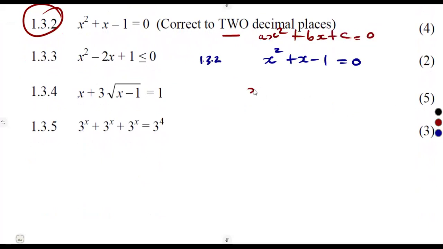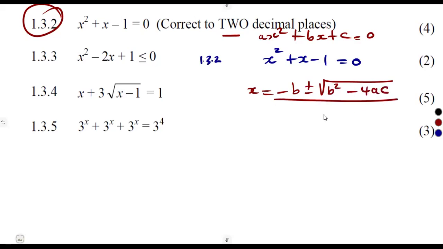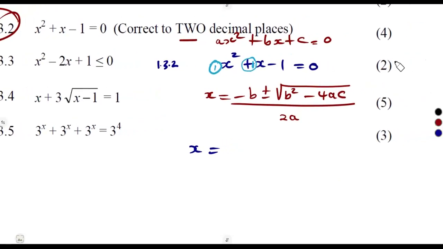So this one, it was just a matter of using the formula directly. Minus b plus or minus the square root of b squared minus 4ac, everything over 2a. So substituting our values, guys, into the formula, let us just have these values.